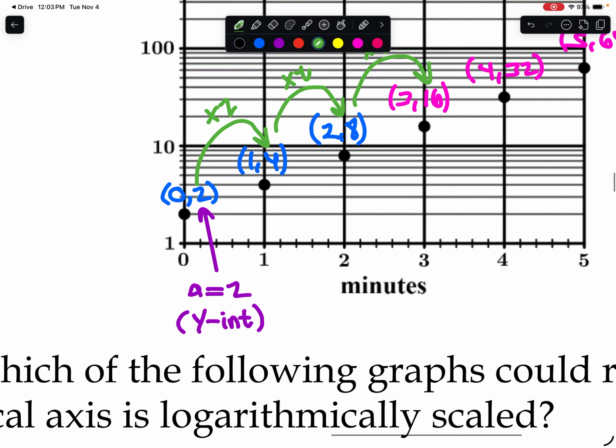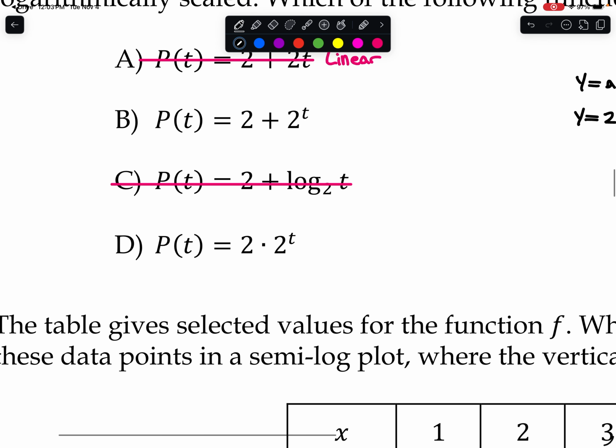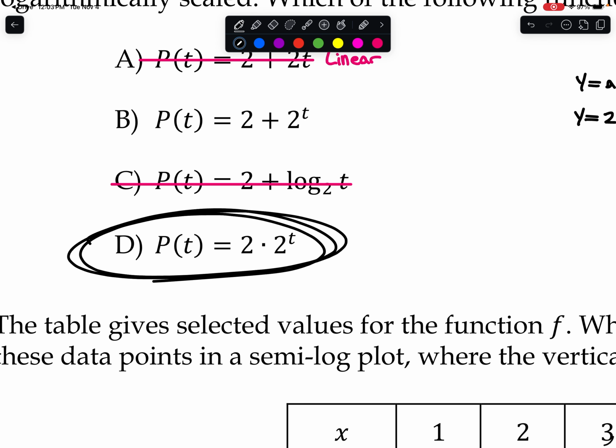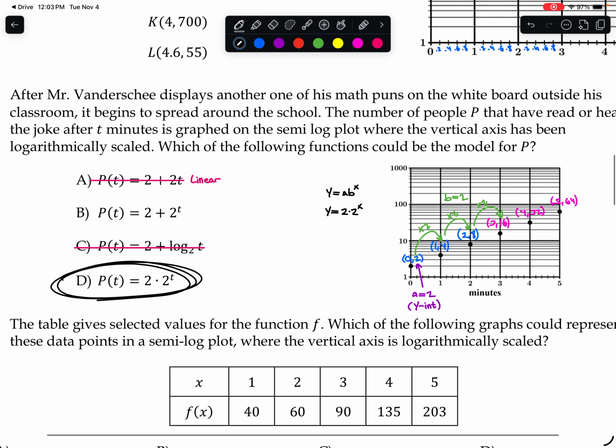So if I look at a general exponential function rule, y equals a times b raised to the x, that means we're looking at 2 times 2 raised to the x. So that means we're looking at the function for option D. You could also plug in points to B and D and see which one it works for. Even when you plug in points, just to check it, D is going to be your best option.